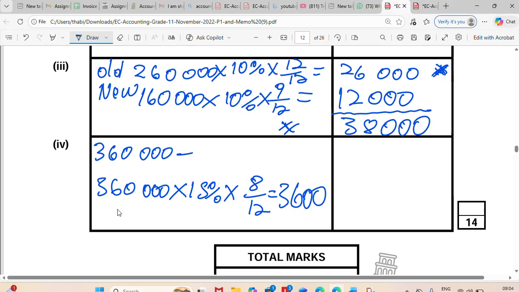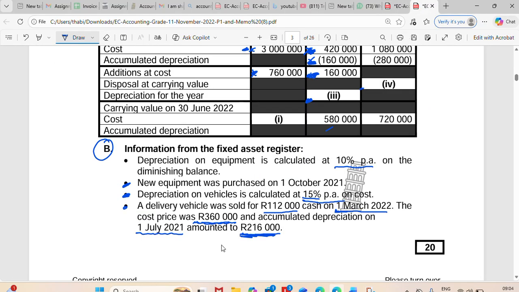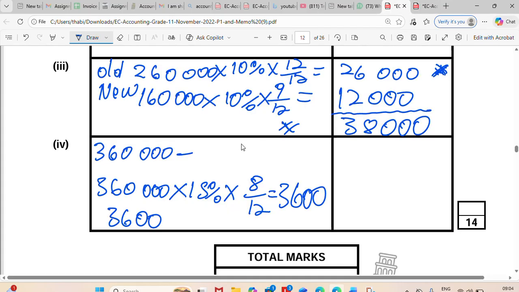3,600. So the depreciation for the year of 3,600 plus the accumulated that was given at the beginning of the year, 216,000, then you will have the accumulated on the day of sale, which is 219,600.